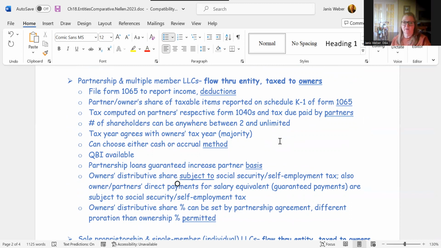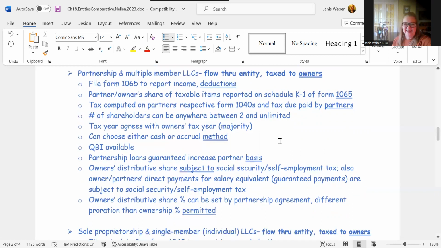So when I'm talking to you, I'm giving you generalizations many times. It's not like you can take all the generalizations to the bank as 100% always applicable. But as a general rule, this is the way that it works.